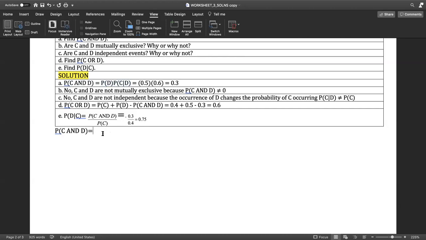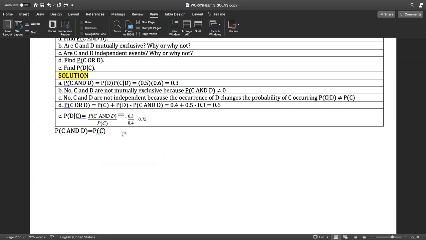That is, this is the probability of D here, probability of C, okay?